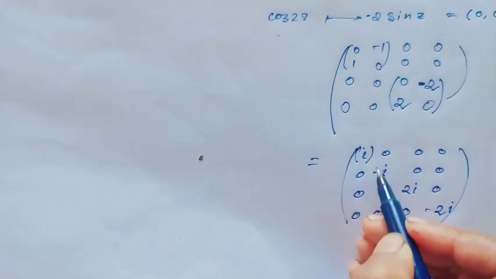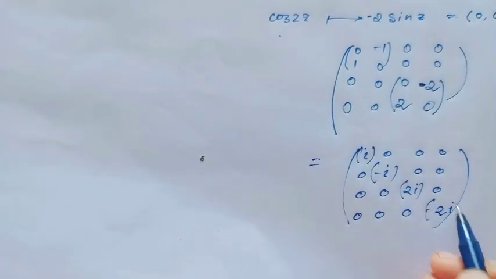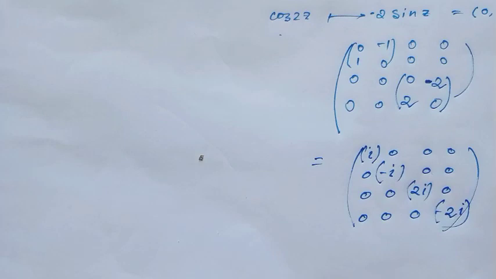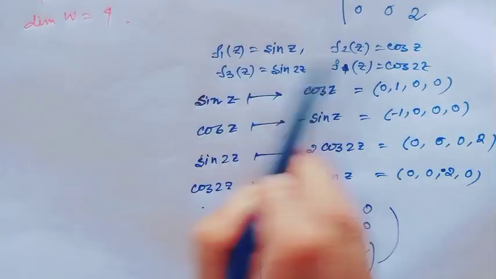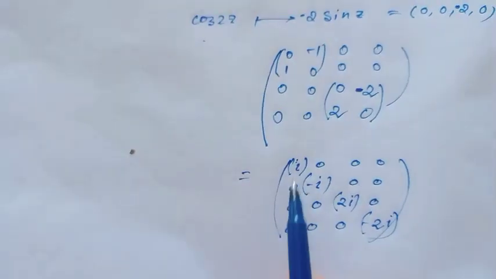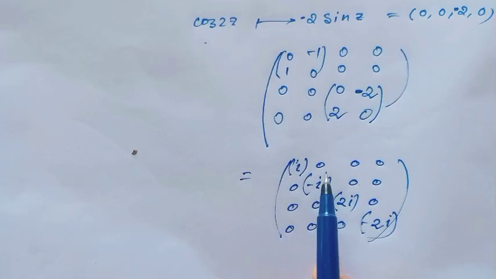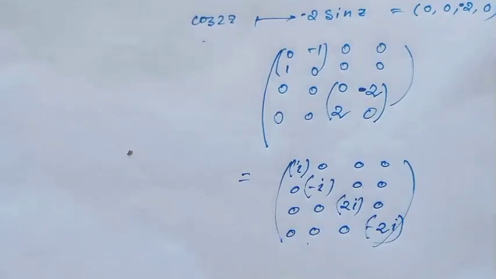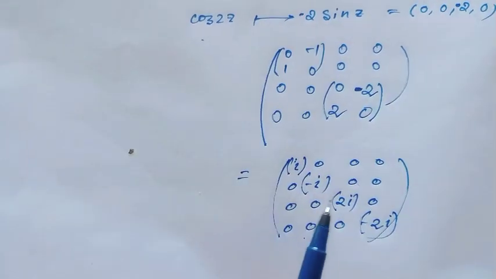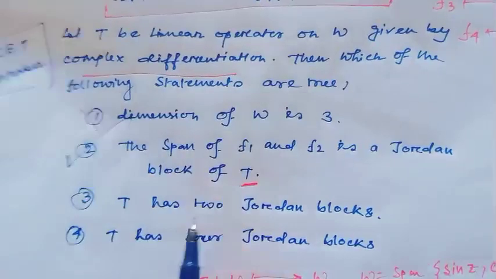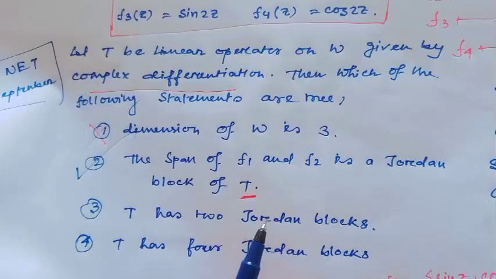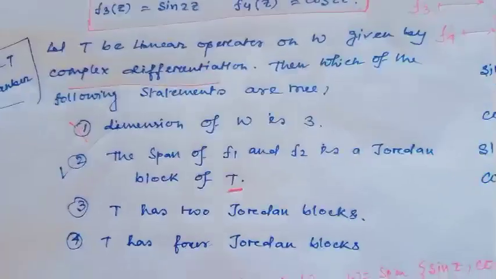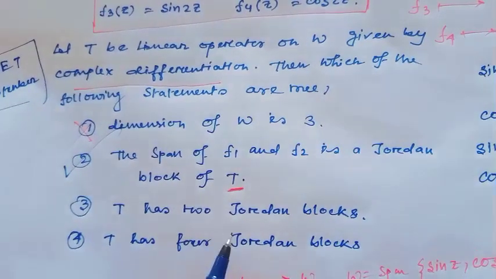And notice here there are 4 Jordan blocks of order one. Span of f1, f2 means span of sin z and cos z. Obviously, this is the block with i, 0 and 0, minus i, and this is actually a Jordan block. So, option 2 is the right option: the span of f1 and f2 is a Jordan block of T. And option 3 says T has 2 Jordan blocks.